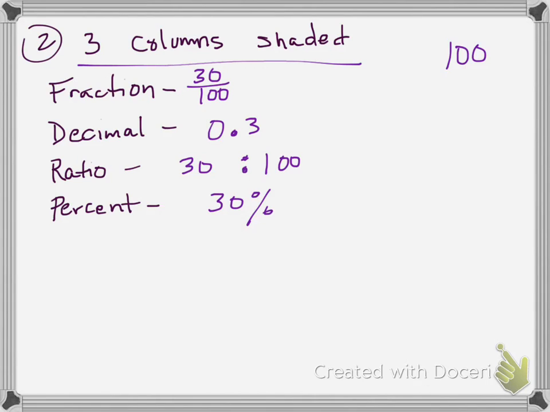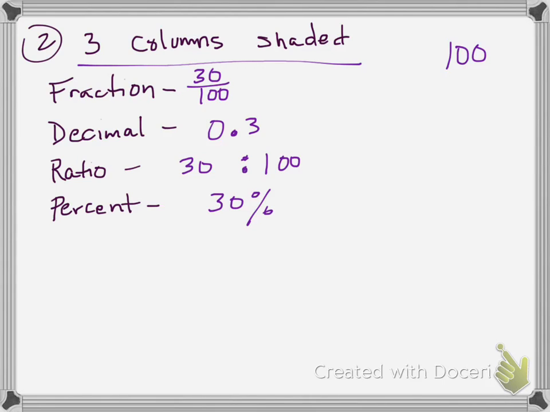So if you weren't sure on some of these, let's talk about how to make them happen. All right, first of all, the fraction, that's probably the easiest one. We're just looking right there, and we can see that there are 30 blocks out of a total of 100.